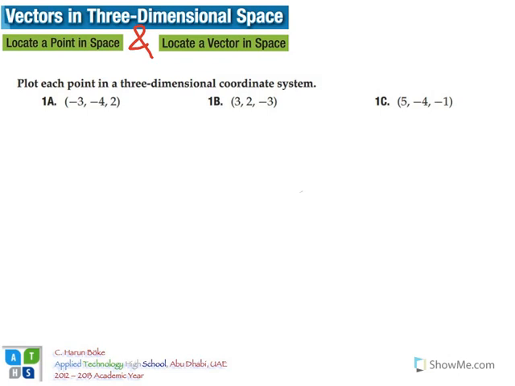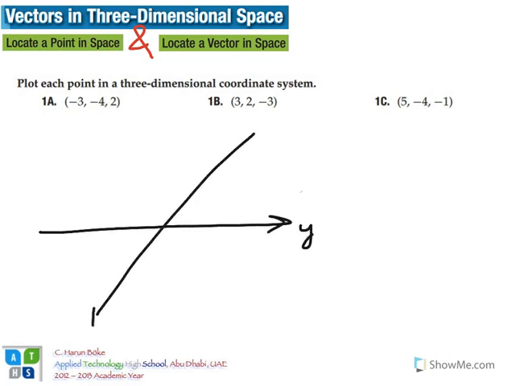It says plot each point in a three-dimensional coordinate system. Now we'll draw our coordinate system like this: this is y, this is x, and this is our z. Now the positive parts are all in here.